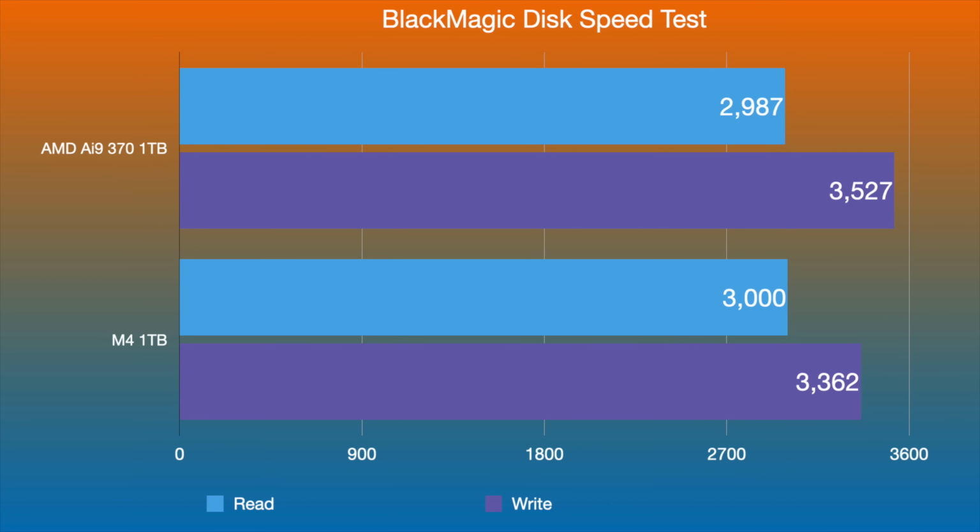And even with the write speeds, obviously the AMD got a bit more ahead here with its 1 terabyte drive. It got an average of 3,527 with its write speed compared to 3,362. But it's only just a little bit ahead. We're not like, say, 1,000 megabytes ahead here. There's not much in it whatsoever.